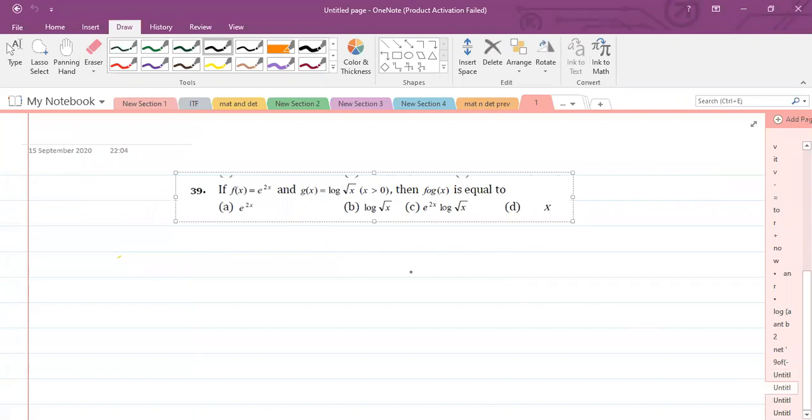So next problem. If f of x is equal to e raised to 2x, g of x is equal to log root x, and x is greater than 0, then f of g of x is equal to?